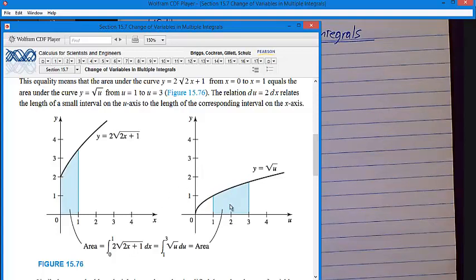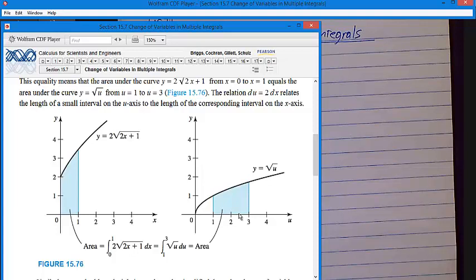Oh, as long as I did what? Yeah, the bounds. The bounds used to be 0 and 3. How do you change the bounds? Well, you plug in a 0 and you get 1. You plug in a 3 and you get... I'm sorry, you plug in a 1. And if U is 2x plus 1, you get 3. And so that's where this is. Right?